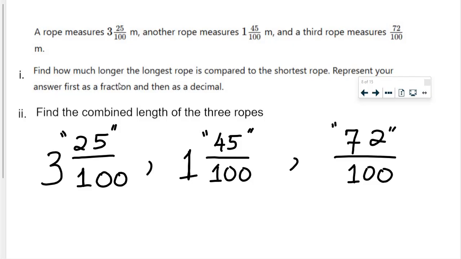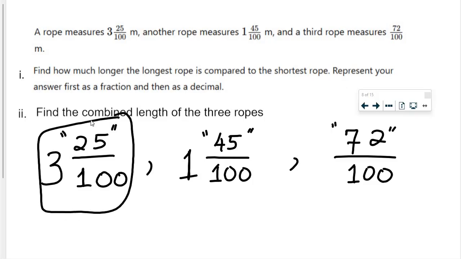Now, what is the question? Find how much longer the longest rope is compared to the shortest rope. This one has a whole number of 3. This is 72/100.